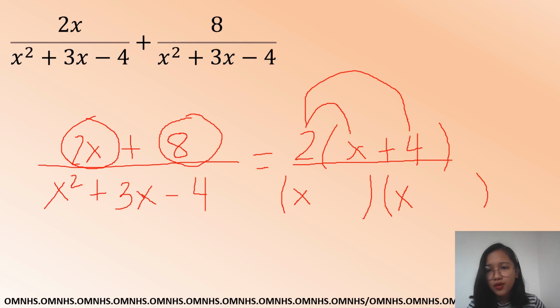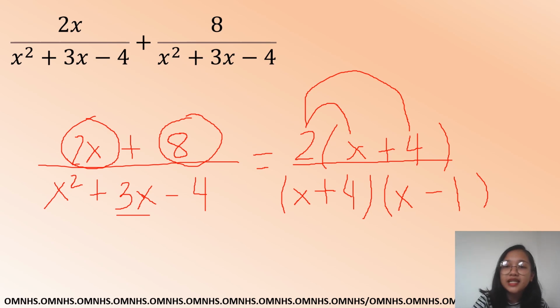Negative 4, its factors are positive 4 and negative 1, because 4 times negative 1 gives us negative 4, and 4x plus negative 1x is 3x. So the factor of x squared plus 3x minus 4 is x plus 4 times x minus 1.